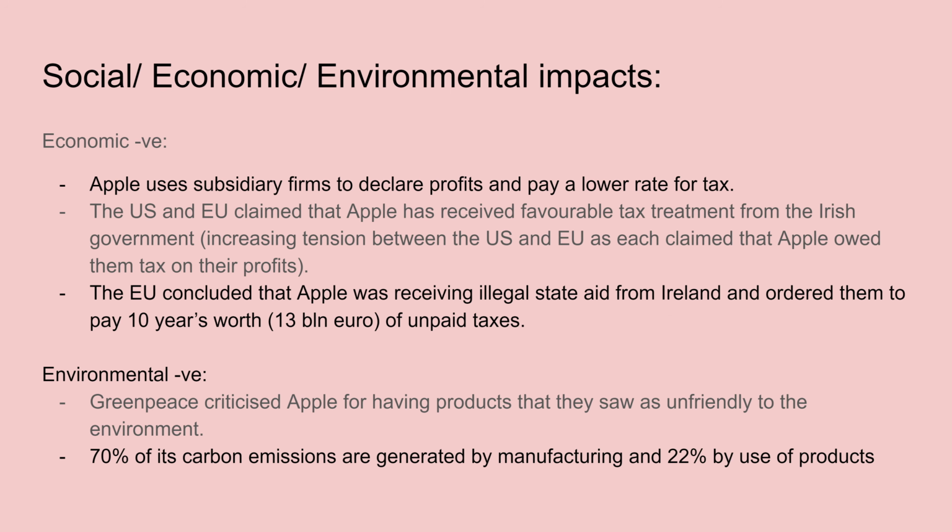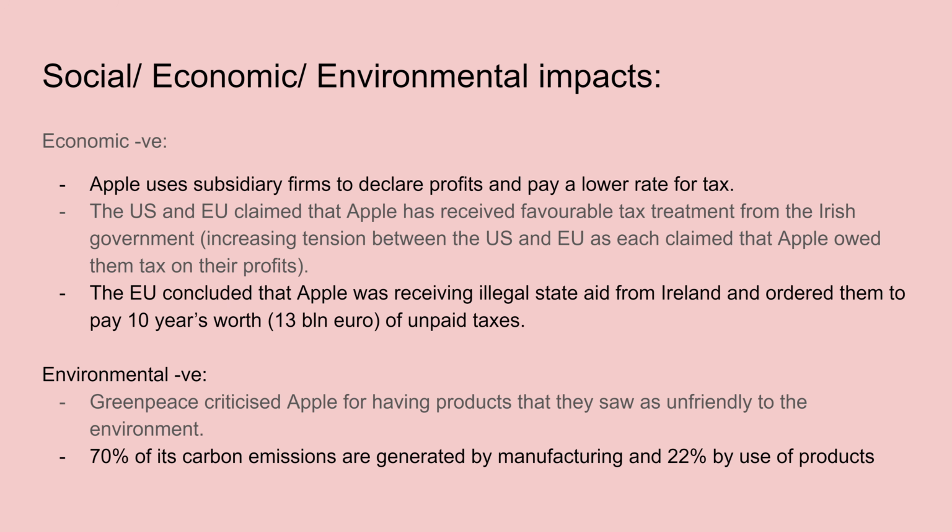Some negative economic impacts are that Apple uses subsidiary firms to declare profits and pay a lower rate of tax. The US and EU claimed that Apple had received favorable tax treatments from the Irish government, increasing tension between the US and EU, as each claimed that Apple owed them tax on their profits.